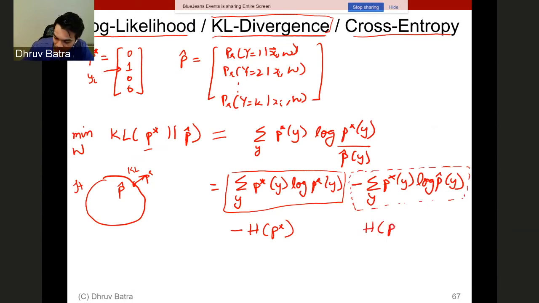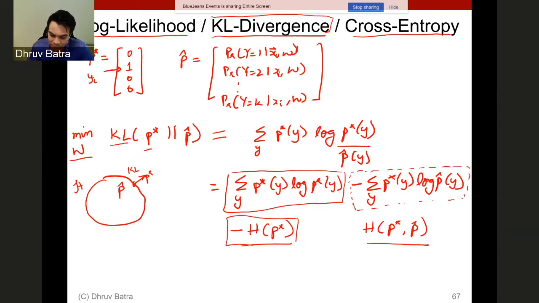Definition of cross entropy of p star with respect to p hat. And so now it becomes clear that minimizing KL is the same thing as minimizing cross entropy, because the first term, which is the entropy, does not have any dependence on your model. It does not depend on W. It's an entropy of reality.